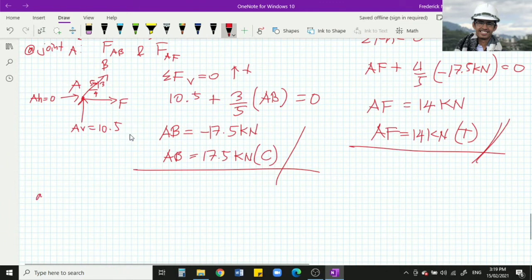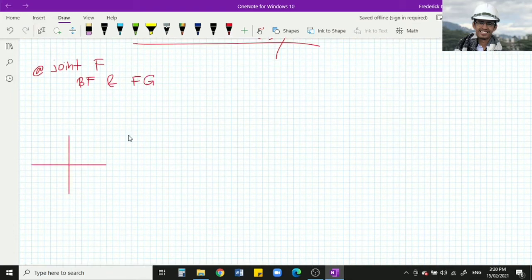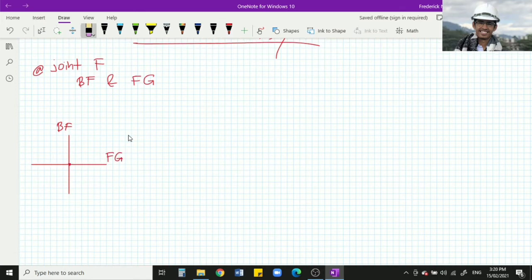So for at joint F na tayo, joint F. So sa joint F, makukuha natin yung force ng member BF and FG. Yan. So meron tayo dito. So ito yung BF natin. And ito yung FG natin. So ito yung joint F natin. So ito rin yung AF natin.